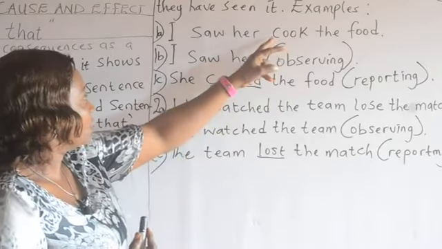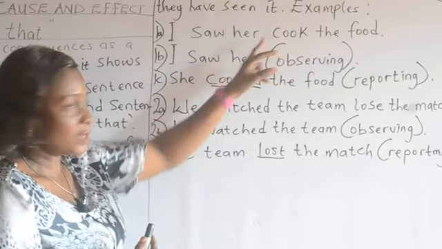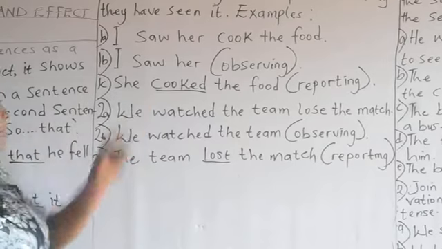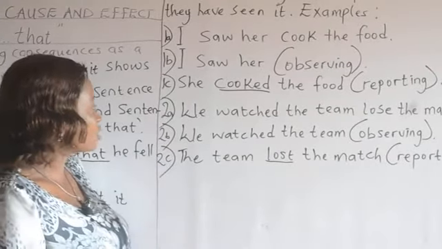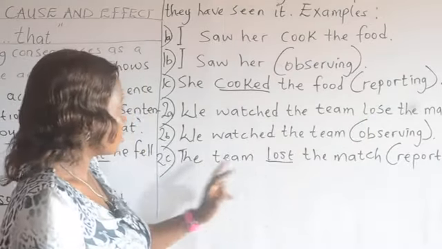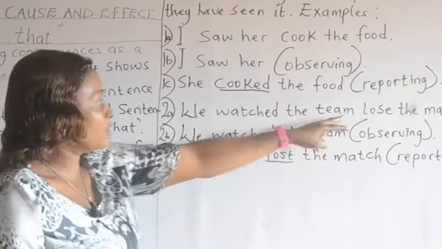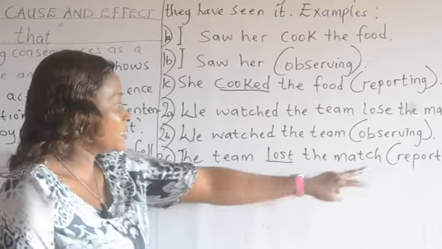Cook is a verb, an action word, and it would change from the present tense to the past tense. Cook was changed to cooked. In the second sentence, lose became lost. We watched the team lose the match. The team lost the match.